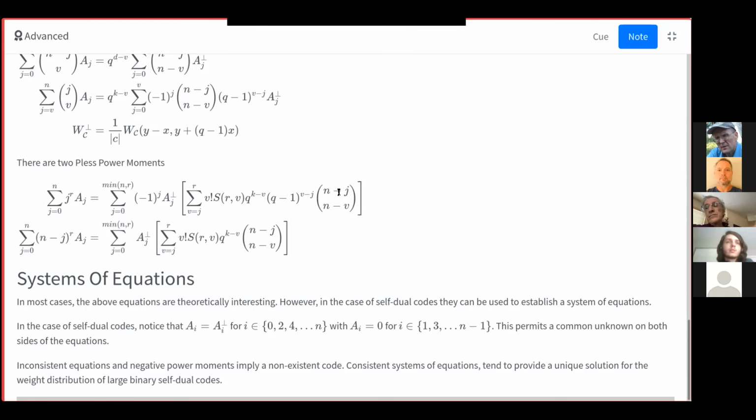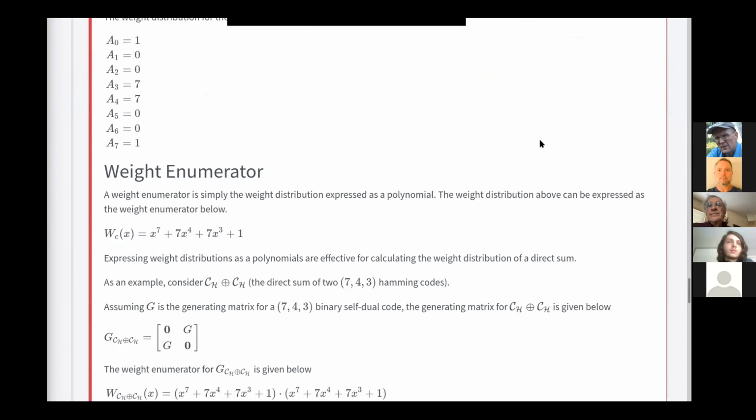We're going to be talking about that in just a moment. So it's a very interesting case. Outside of self-dual codes, this is just kind of academic, just to show the relationship, but it has a very strong correlation with self-dual codes, as we just said. Okay.